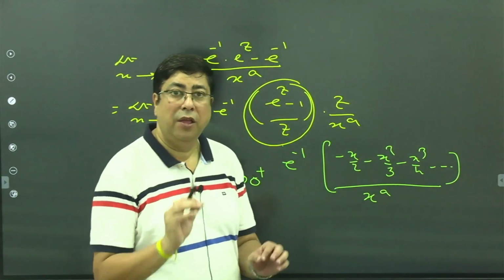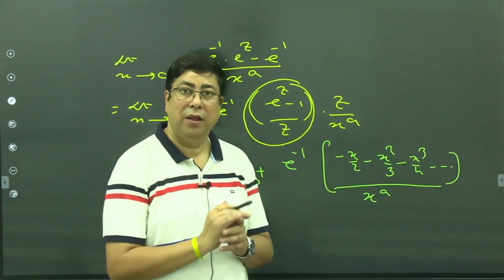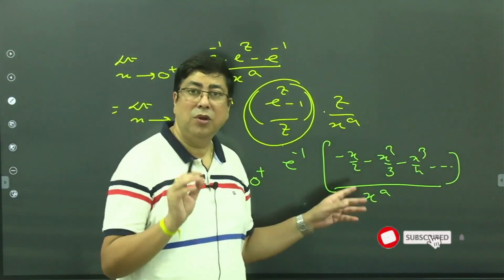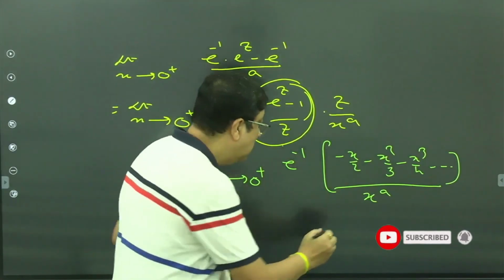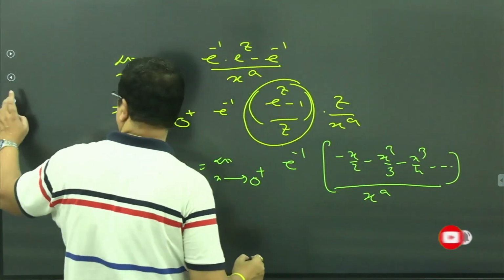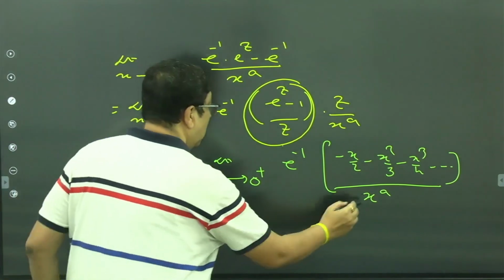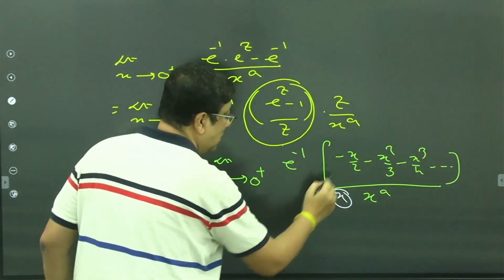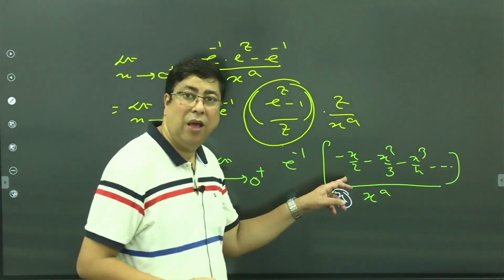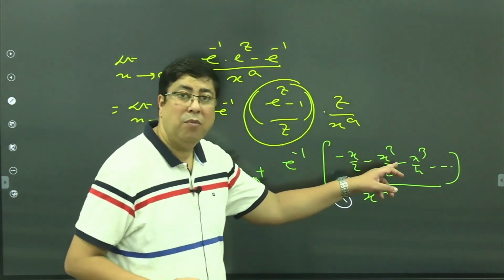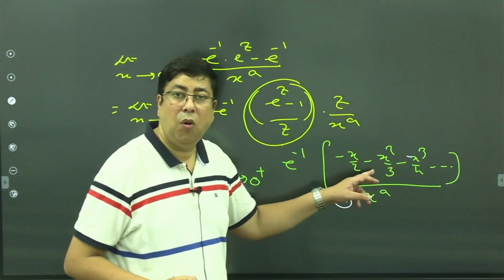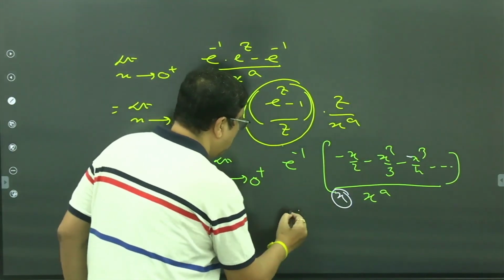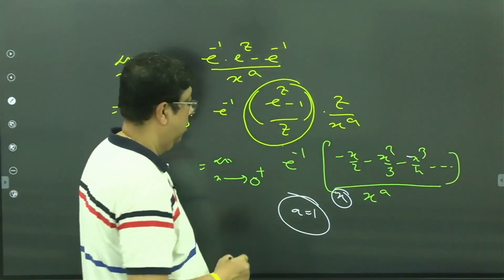Just to understand, if a is 1, because we have to cancel this x, the denominator is x. If it is x, so x cancels, so it is coming minus half plus all terms containing x, and as x tends to 0, all are coming 0, right? Therefore, the answer is a equal to 1.